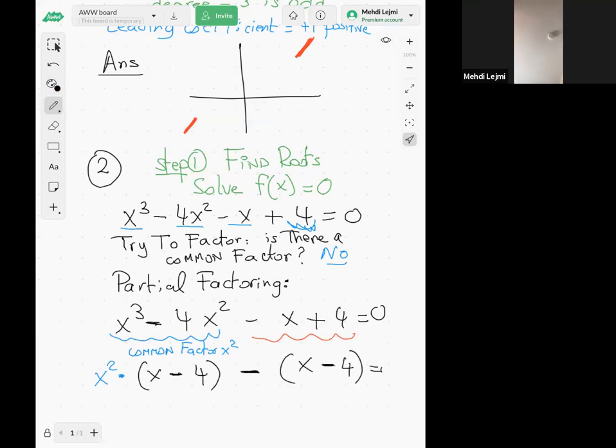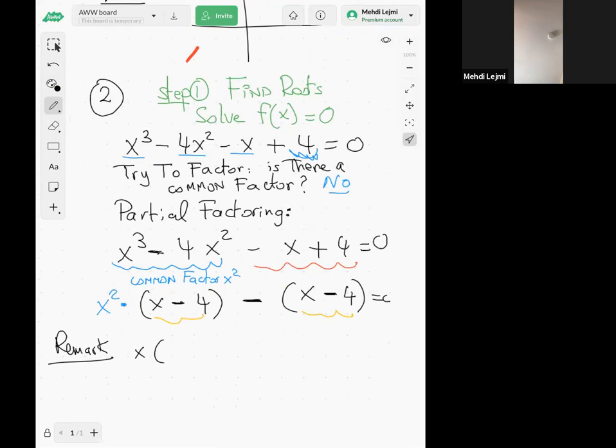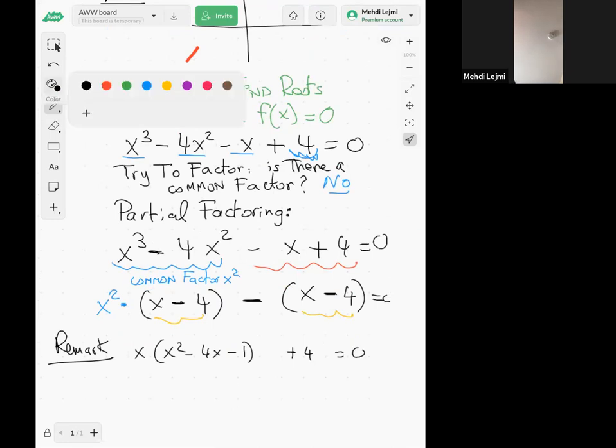Then you see you would have this x minus 4 common factor. But if you use the other x, just a remark, you're going to have x squared minus 4x minus 1, and then there's plus 4, equal to 0. Then you won't have a common factor. So then there is nothing you can do here. There's no common factor.